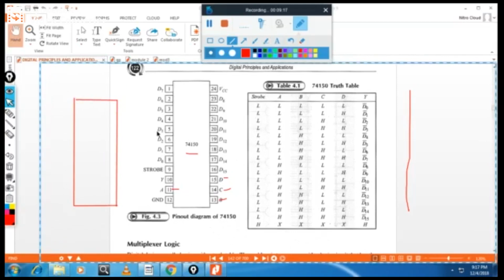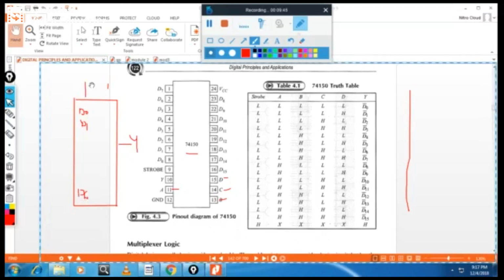Suppose this is the IC. On one side you represent the inputs D0, D1, D2 till D15. On the other side you represent the output.